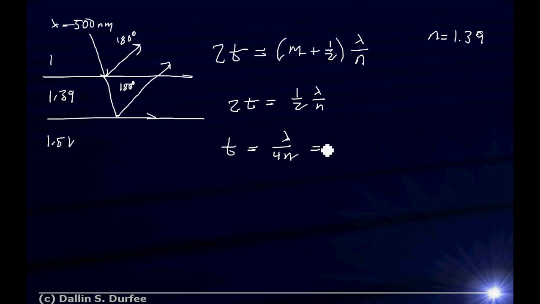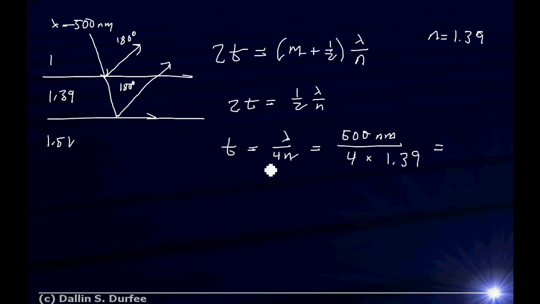Alright, and we just plug in our numbers now. 500 nanometers divided by 4 times 1.39, and I'll let you plug that into your calculator. That's the thickness you need.